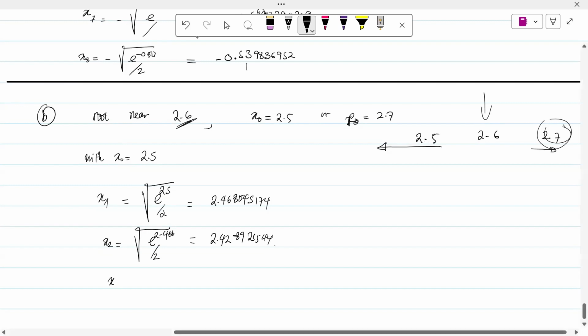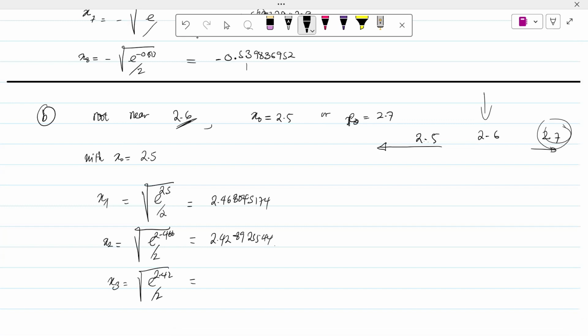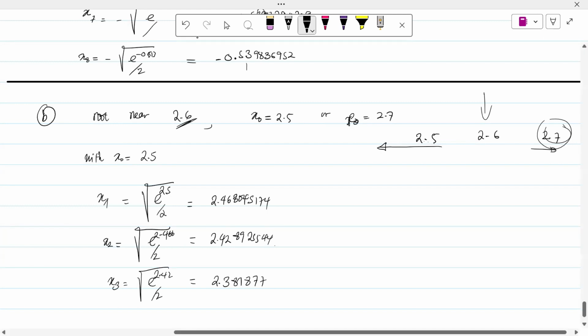As you can see, x3, what is x3? e to the power 2.42, whatever, over 2. 2.3. As you can see, this value is getting smaller and smaller, right? 2.3, 818 77, whatever there. Okay, you can continue.